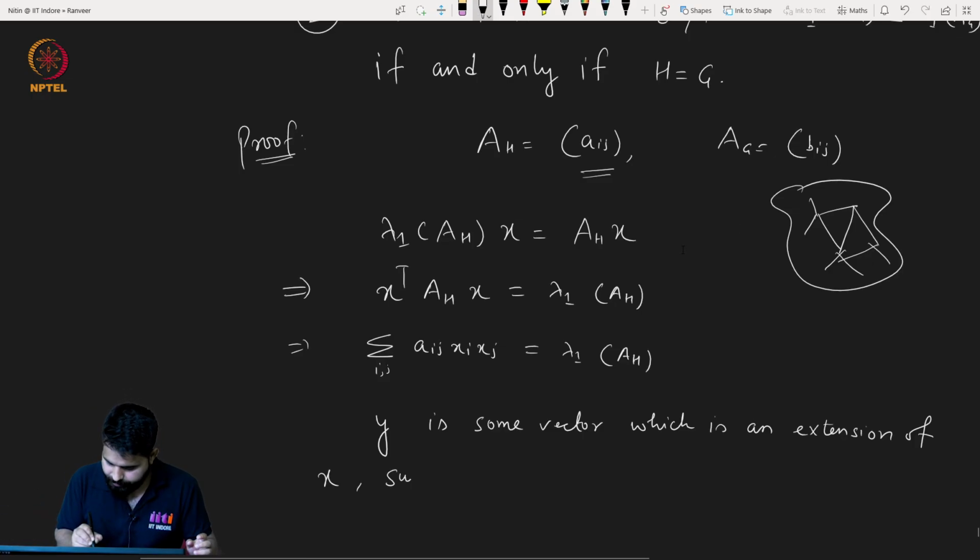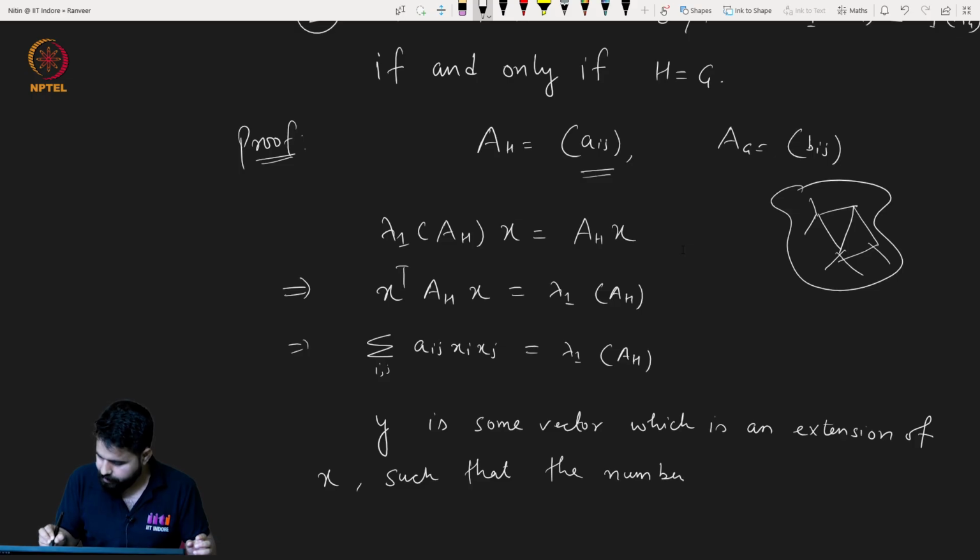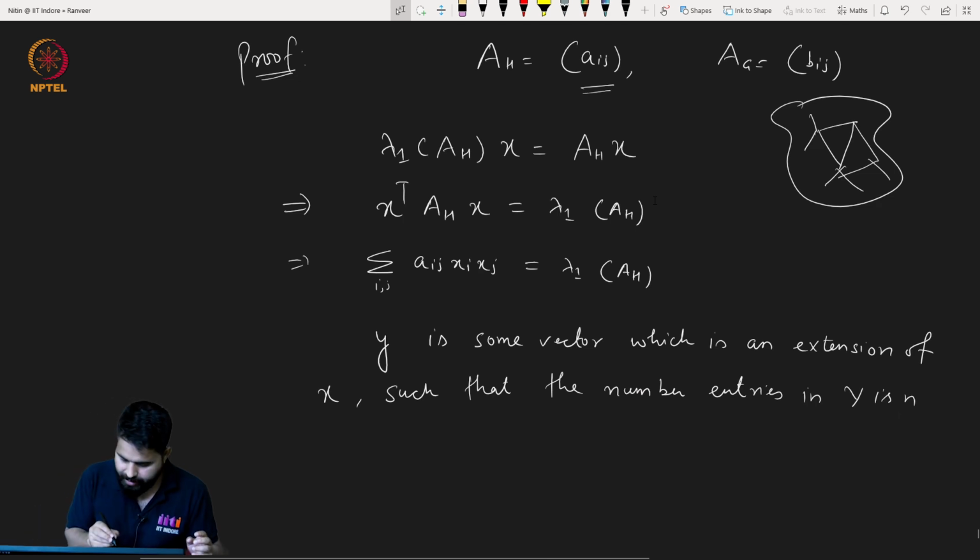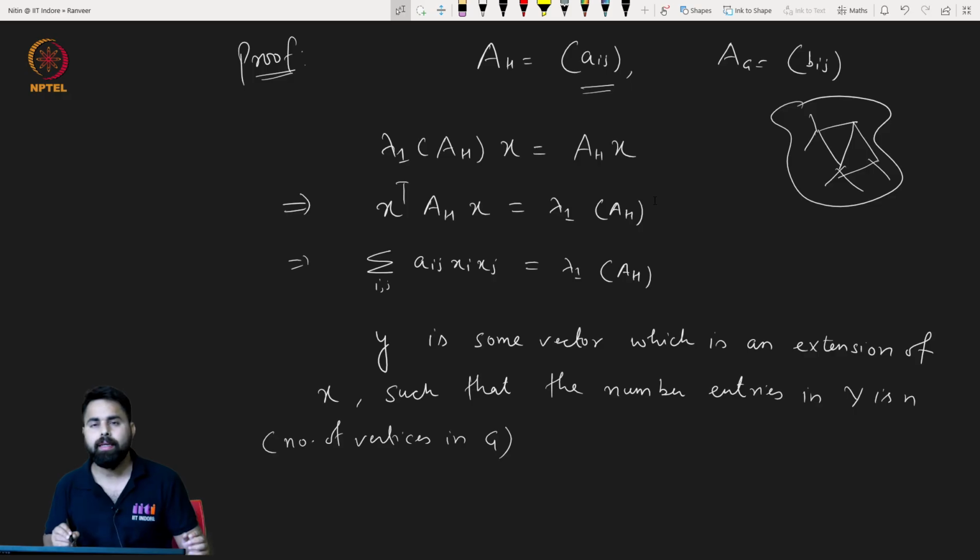Let me write in brackets that n is the number of vertices in G. Basically, you assume that there is the same x, but there are some extra entries.